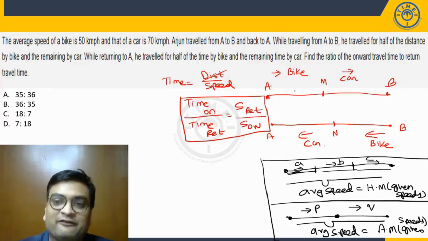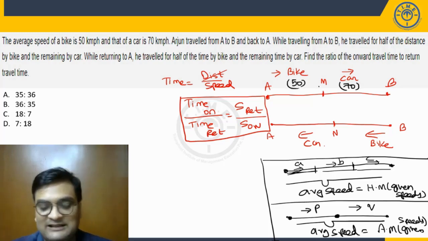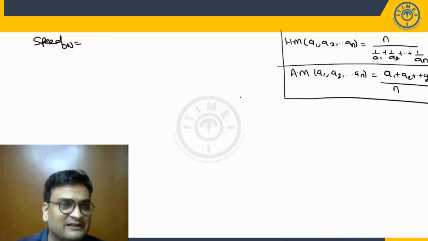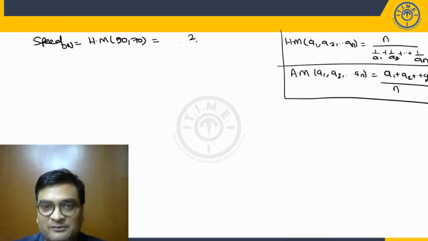Now here, while going forward, he travelled equal distances. So what's the speed while travelling by bike? 50, and by car 70. So can I say the speed for the onward journey is, since he is travelling equal distances, the harmonic mean of the given speeds. So what is the harmonic mean of 50 and 70? 2 by (1 by 50 plus 1 by 70).